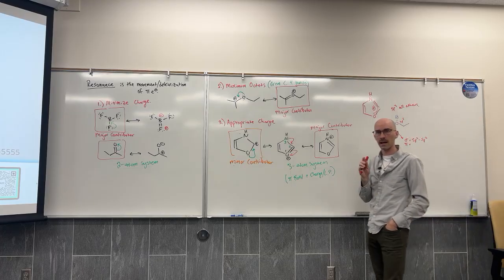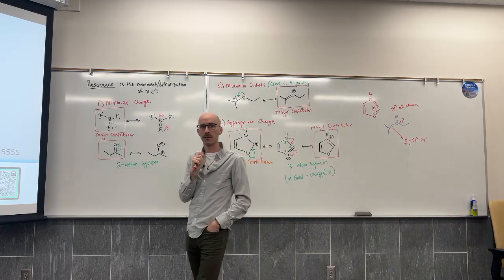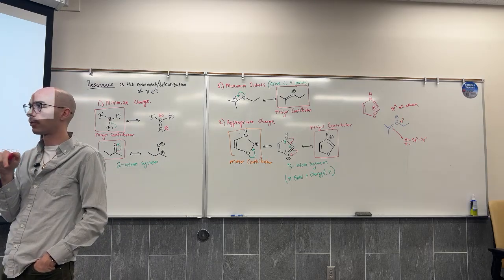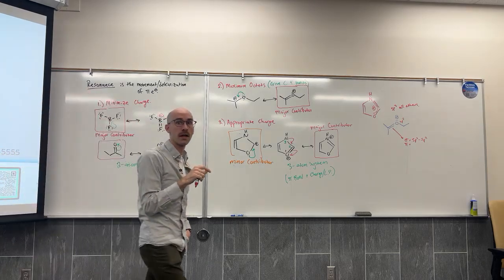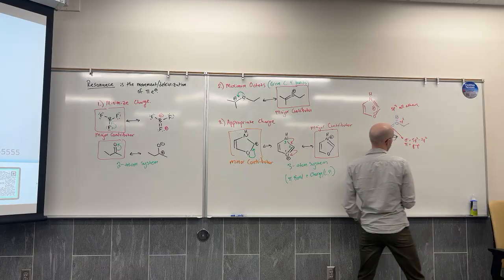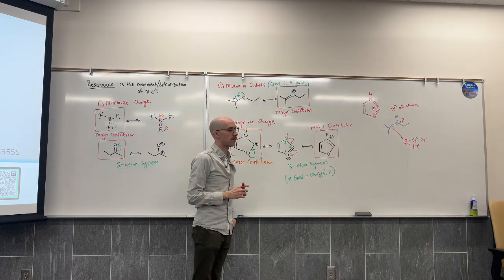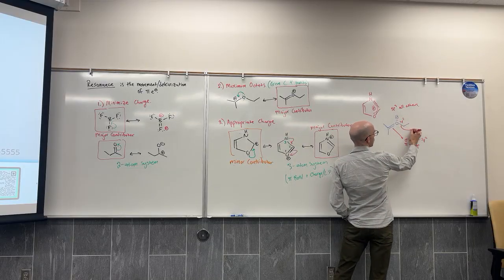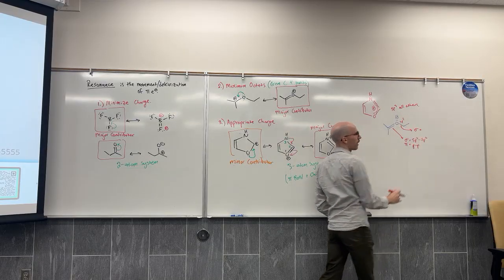What orbitals are overlapping to give their pi bond? P orbitals, unhybridized p orbitals. P for pi, that is an intentional alliteration. What about this bond between C and O on the right?